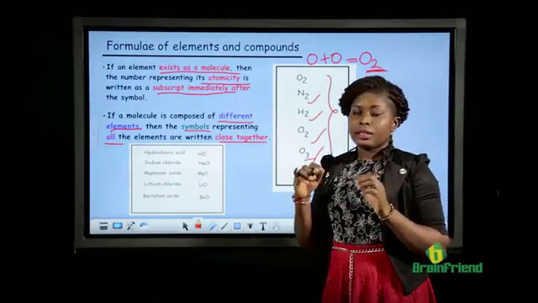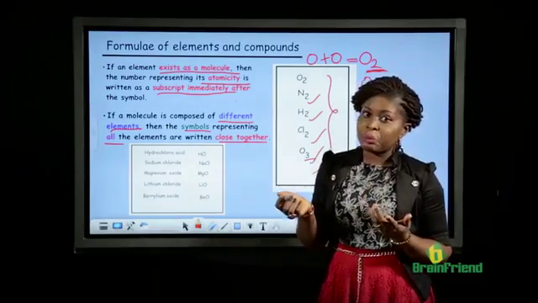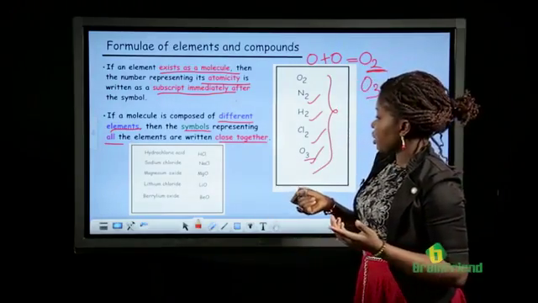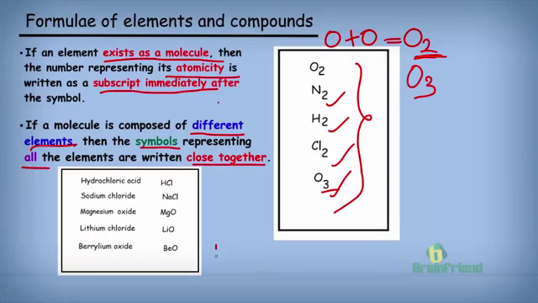But in an instance where we have different elements, say magnesium and oxygen, combining together to form a molecule, what happens? In writing them, we do not write magnesium separately and oxygen some other place. We need to put them together in writing like this. So this will better represent a molecule.